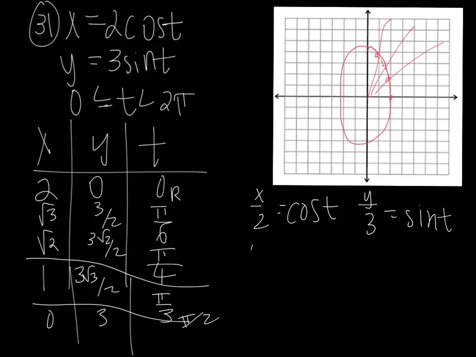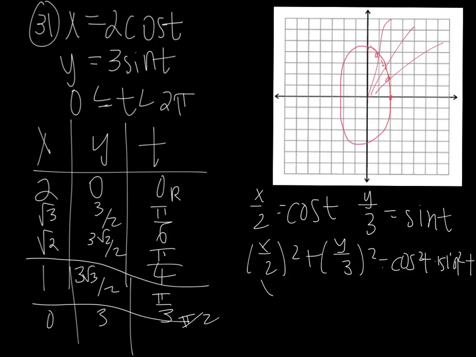So you'd get x over 2 squared plus y over 3 squared equals cosine squared t plus sine squared t. And then you get your regular form of an ellipse, x squared over 4 plus y squared over 9 equals 1, like you're used to, and then you can graph from that.